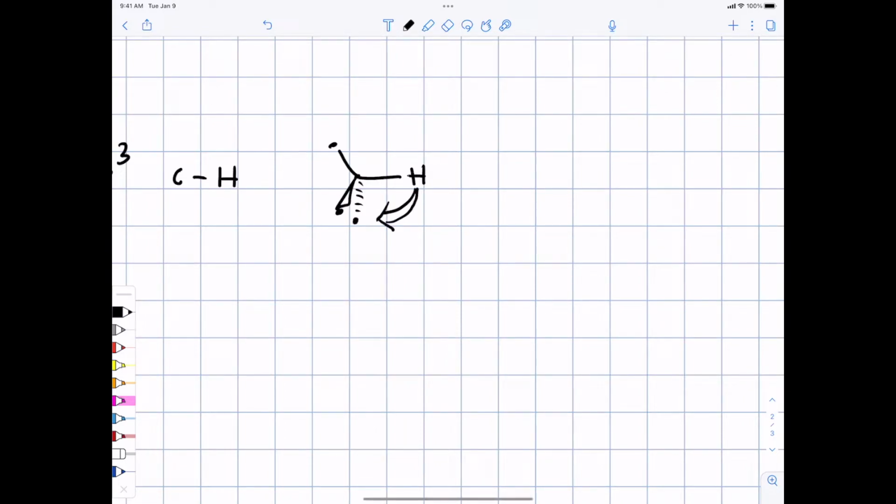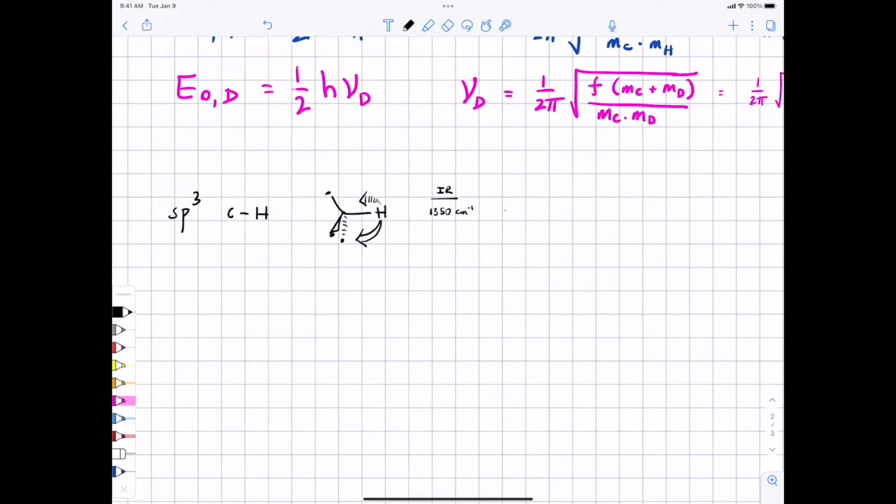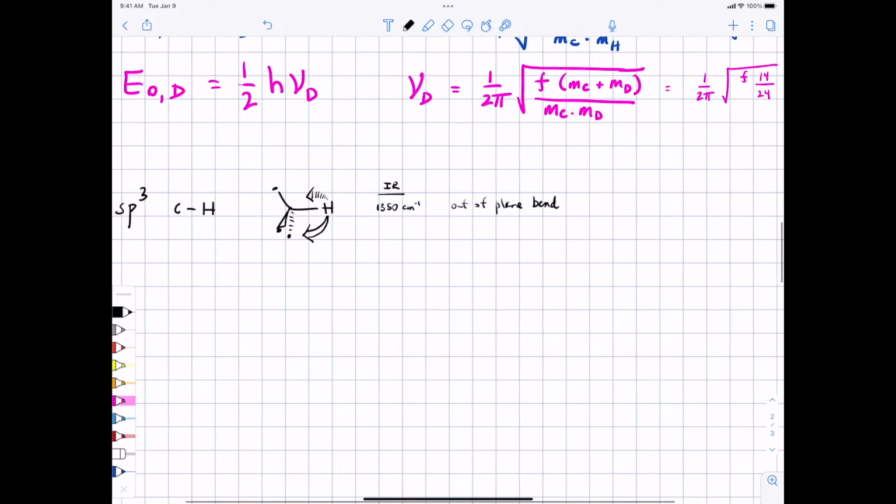This is the out of the page, and this is the into the page swinging. The IR frequency for this is about 1350 wave numbers, so basically in the fingerprint region. It's called an out-of-plane bend, and for sp3 hybridized carbons, this is stiffer and has a larger force constant.